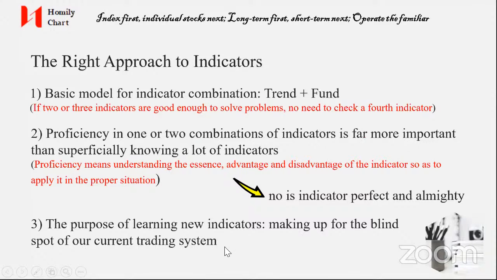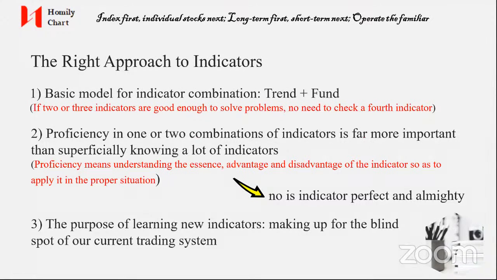So maybe you use Homely Rainbow and Multicolor Dragon as your basic or your main indicator template, right? You use this template to analyze all of your stocks. And then finally, you will realize that this combination has its own blind spot.